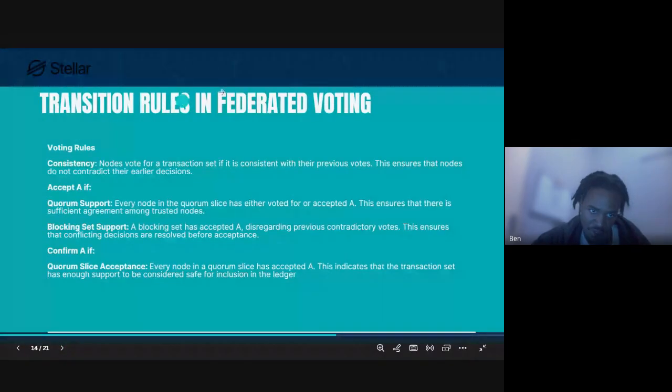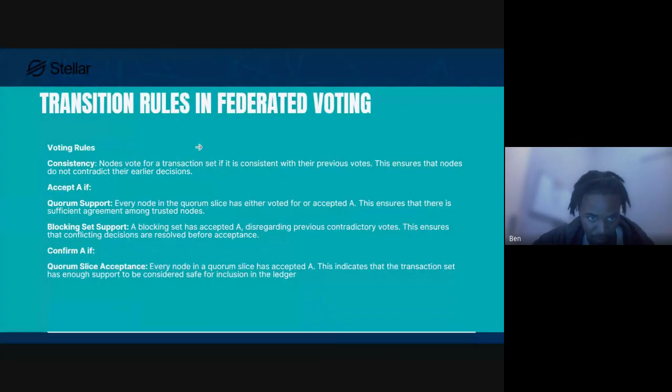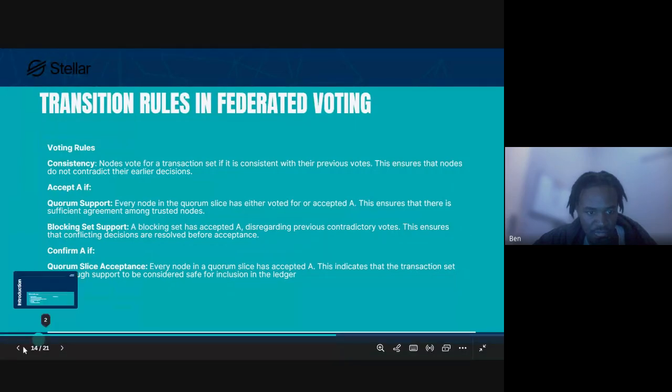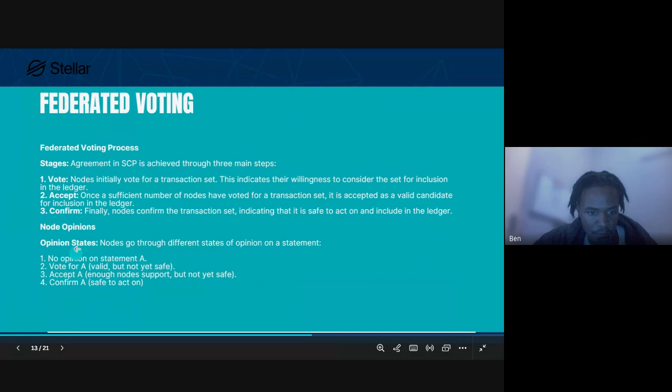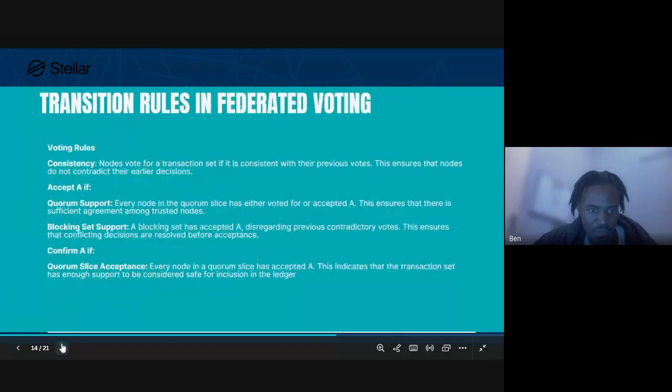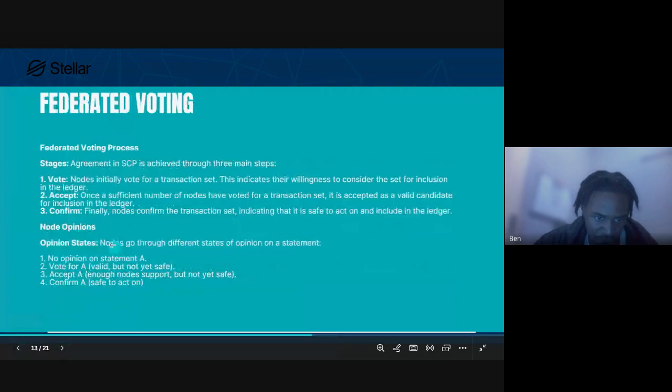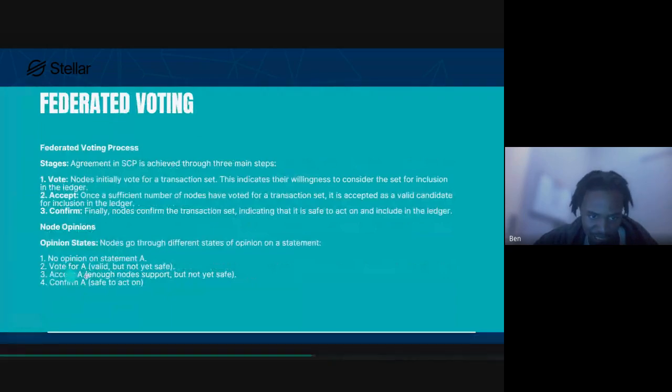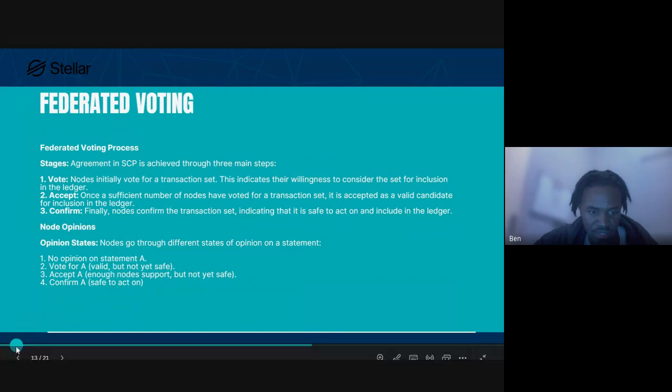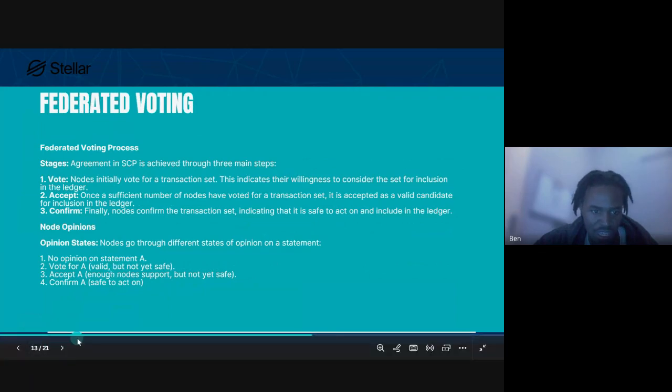Transition rules in federated voting. Another thing I forgot to mention is, when a node is trying to form an opinion, it cannot accept a vote or accept a transaction and then change its mind.